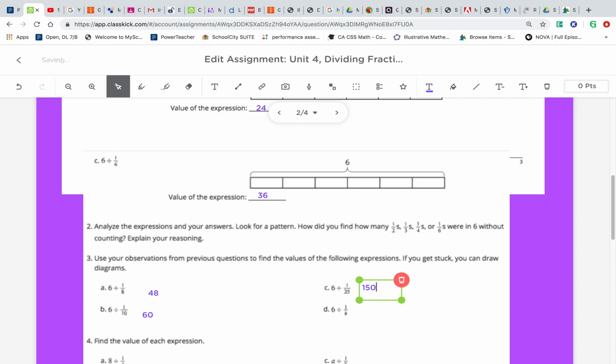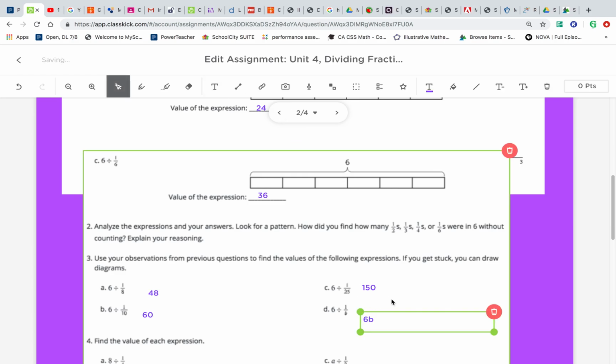So you have $1.50. Now in this case, there's no decimal point, so it's not 1.50, it's 150. And then 6 divided by 1/b. Well, we don't know what b is, so we can't actually do the multiplication, so we're just going to have to write it as 6 times b. So we would just say that this is 6b. Move it up so it's right next to it. It's just 6b. All there is to it.